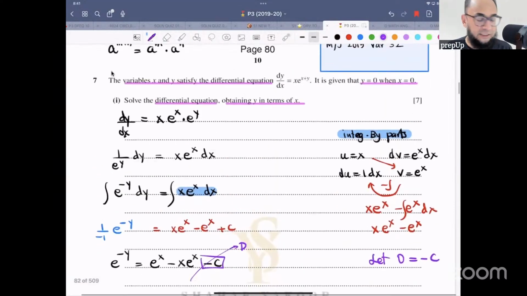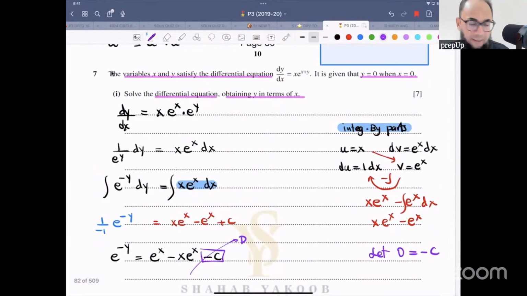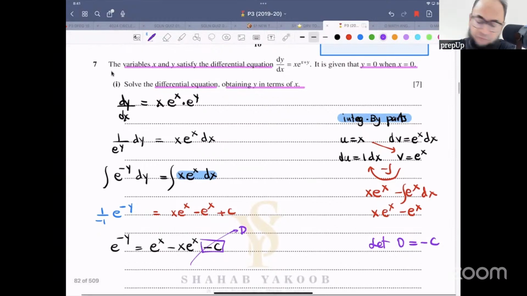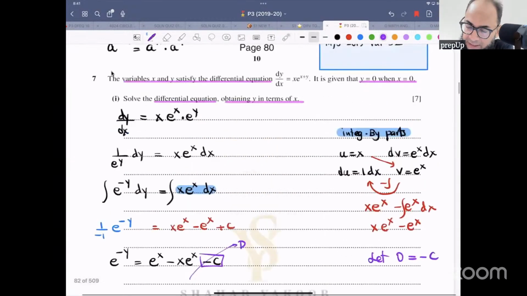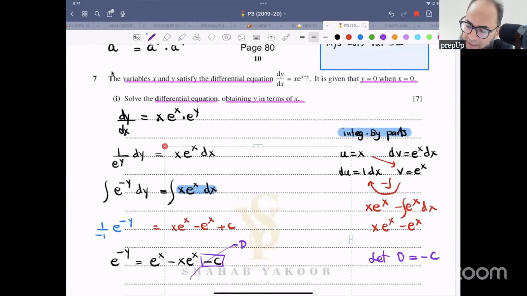Now let me evaluate the constant first. There are two options: either I evaluate the constant or I make y the subject again. I think it's a good idea that we evaluate the constant. x is 0, y is 0.